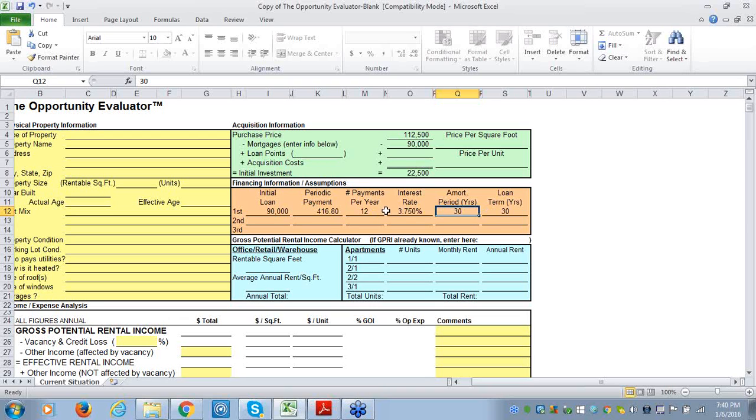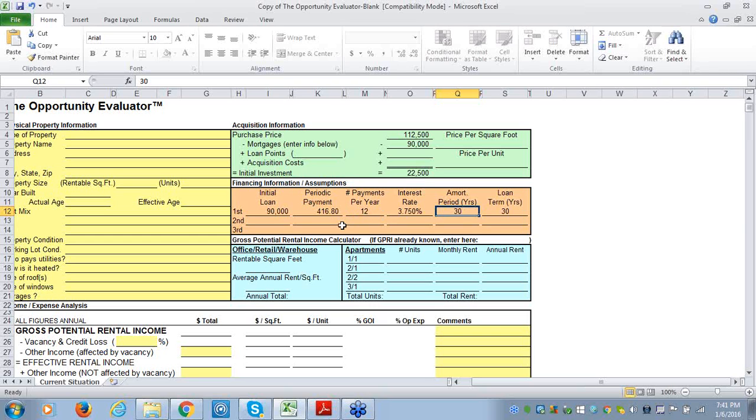However, over time, for everybody on the call here, when you're investing yourself, try to very quickly move to commercial loans for 20 years. Your payment won't go up that dramatically, and yet your amortization is going to be reduced by 33%. You'll pay it off in 20 years. It's just a better way to do business. Commercial loans are easier to process than FHA loans, but you can also do conventional loans for 30 years. Don't go FHA if you have to go 30 years; try to get a conventional loan.